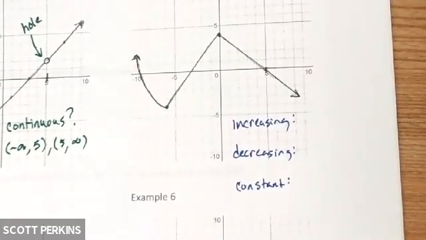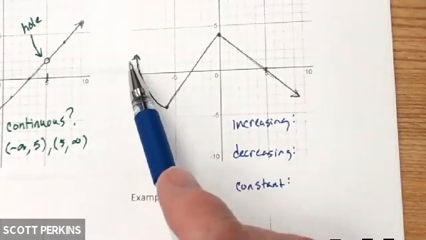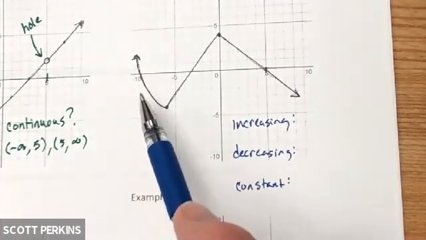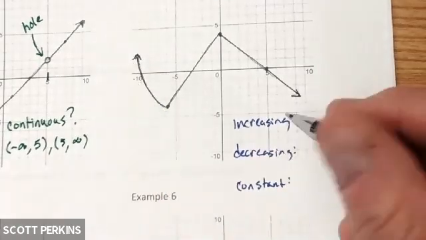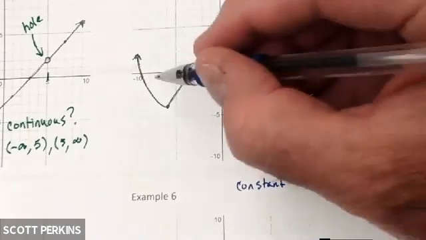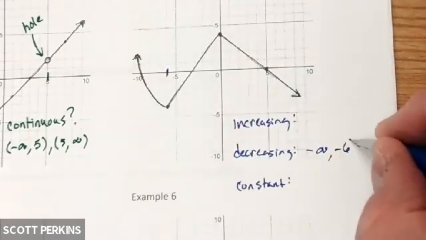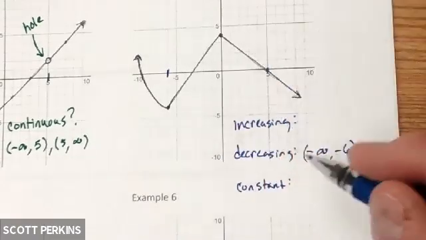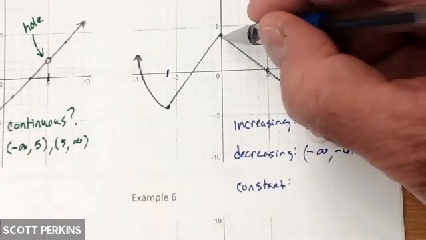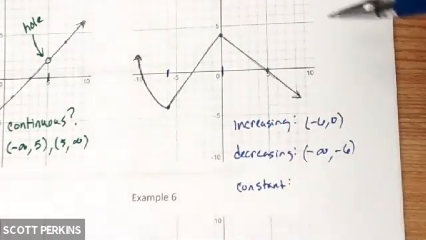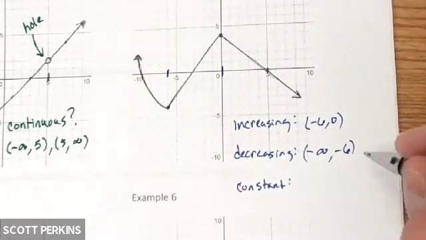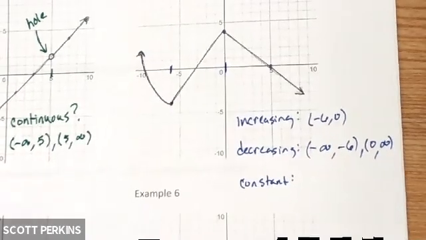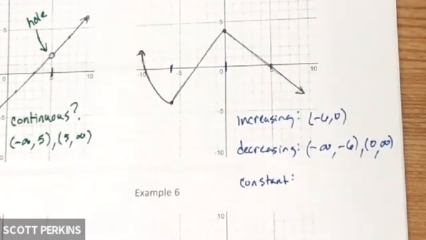Again, I'm just going to go from the left part of this graph to the right. Starting at the left, what does the graph start out doing? Decreasing, that is exactly right. So it's decreasing from -infinity, and this x value right here is -6. And then it starts increasing, yes, from -6 and then to 0. And then last but not least, it starts decreasing again. So it decreases from 0 to infinity. Notice there is no interval where it's constant, so I leave that blank. We don't have to have everything. That's why I wanted to do that example.